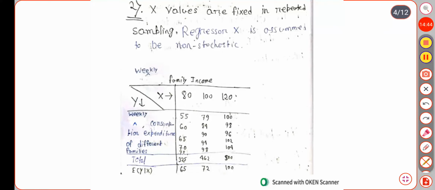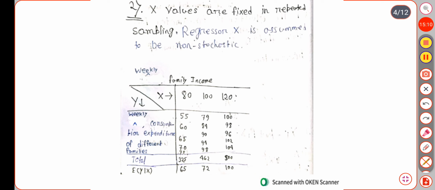Why? Because as you can see here, that mean is calculated from the total of 325. Now, is this total being calculated from all the 15 families, or from all the 15 values of family consumption expenditures?